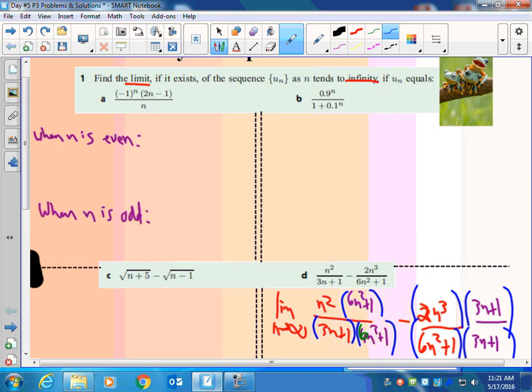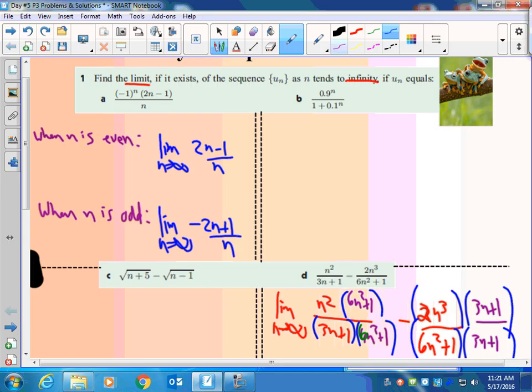Won't this just be the limit as n approaches infinity? If this is even, won't it just be 2n minus 1 over n, right? And then if it's odd, it's going to be the limit as n approaches infinity of -1 times 2n, which is -2n plus 1 over n.